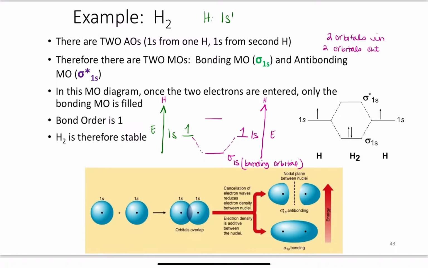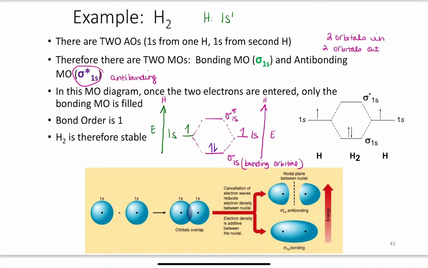We're also going to form a higher energy sigma star 1s. Sigma star means antibonding. Higher in energy. In this molecular orbital diagram, once the 2 electrons are entered, only the bonding molecular orbital is filled. So just like before, each orbital can hold 2 electrons. The bond order is 1.